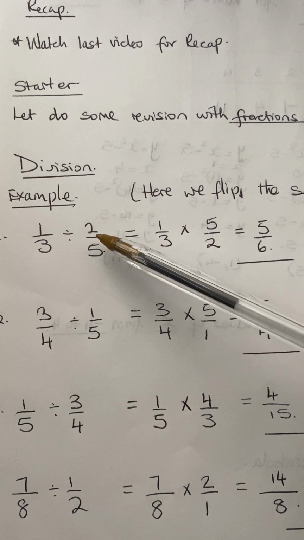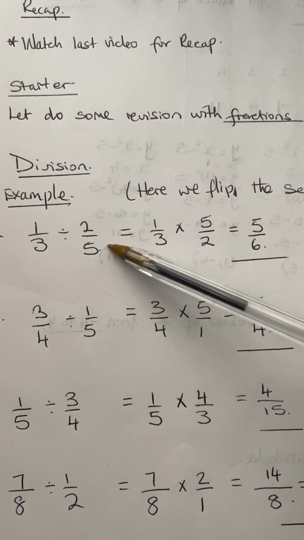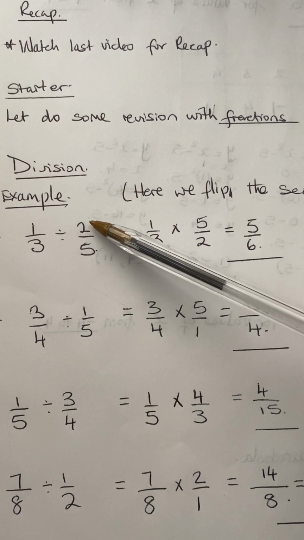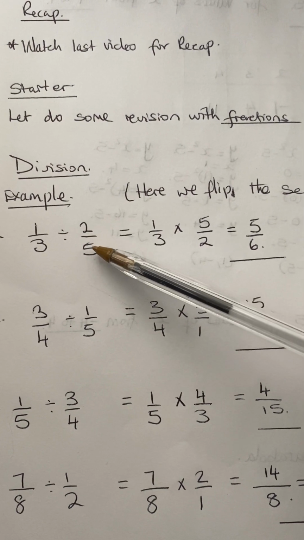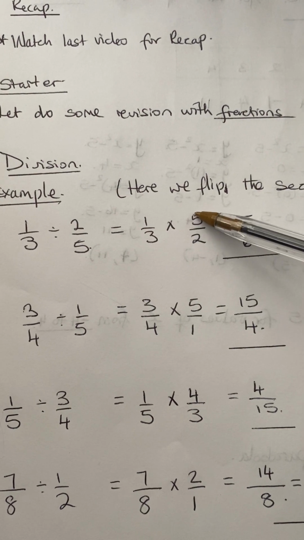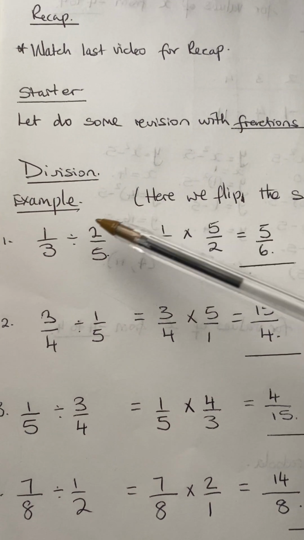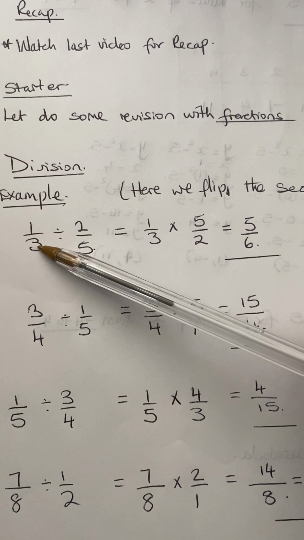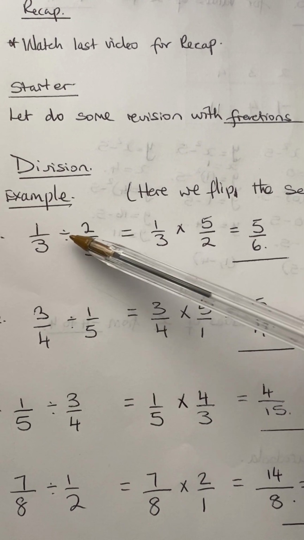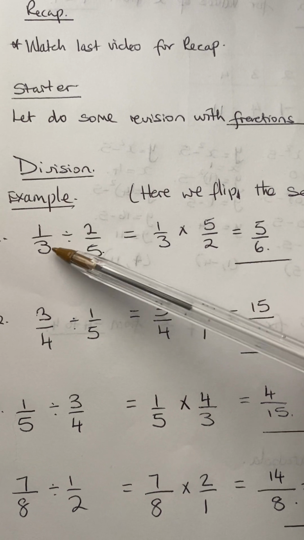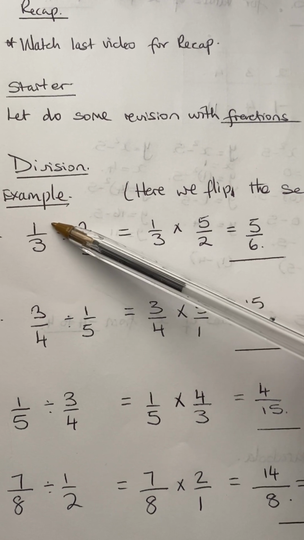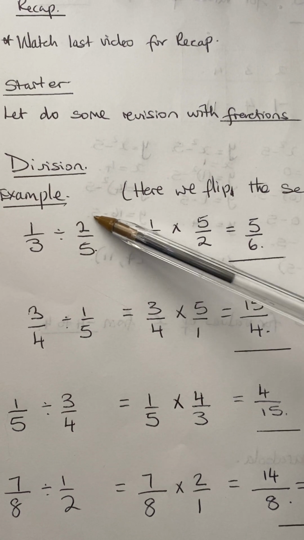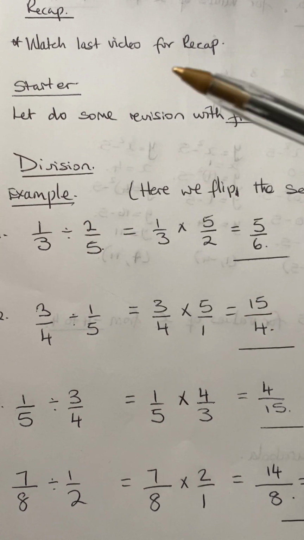Immediately you do that, the second fraction, you need to flip it. So here 2 over 5 becomes 5 over 2. But you don't have to flip the first fraction. So you have 1/3. Immediately you bring the multiplication sign, you have to flip this side. Otherwise, you can't solve it.